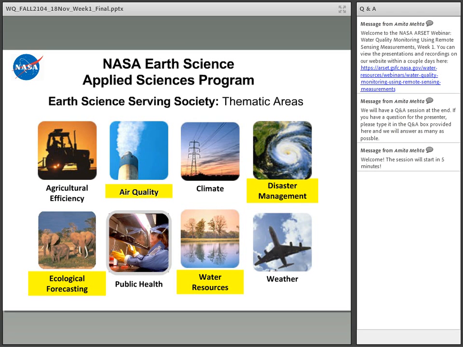So Earth Science and applied sciences especially, they are supporting these themes shown here. There are 8 themes: agriculture, air quality, climate, disaster management, ecological forecasting and land management, public health, water resources, and weather. And the boxes highlighted are the themes where ARSET has been conducting training since 2008.